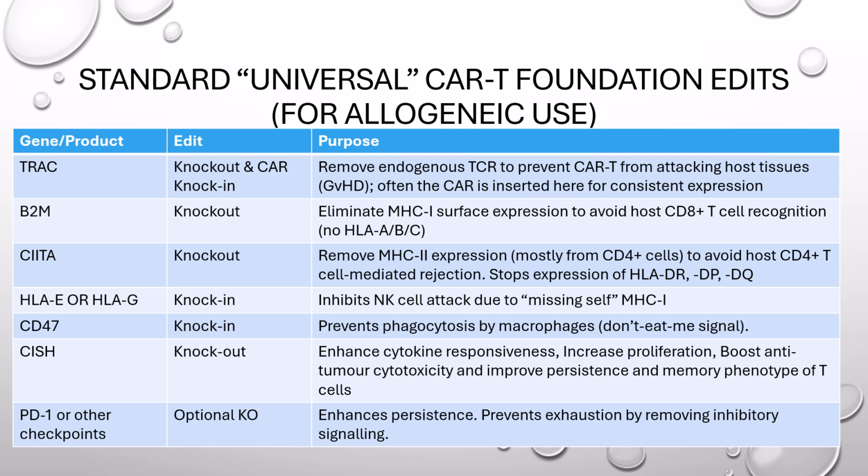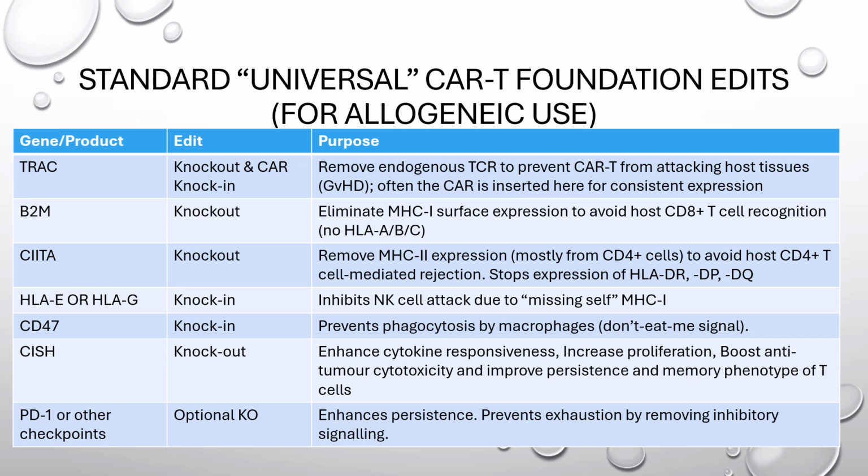And then we've got this other gene that's removed. This is CIITA. This basically removes the major histocompatibility class 2 on your CD4 cells. And again, it's for the same reason. You don't want the host to recognize the CD4 plus T cells as foreign or non-self.